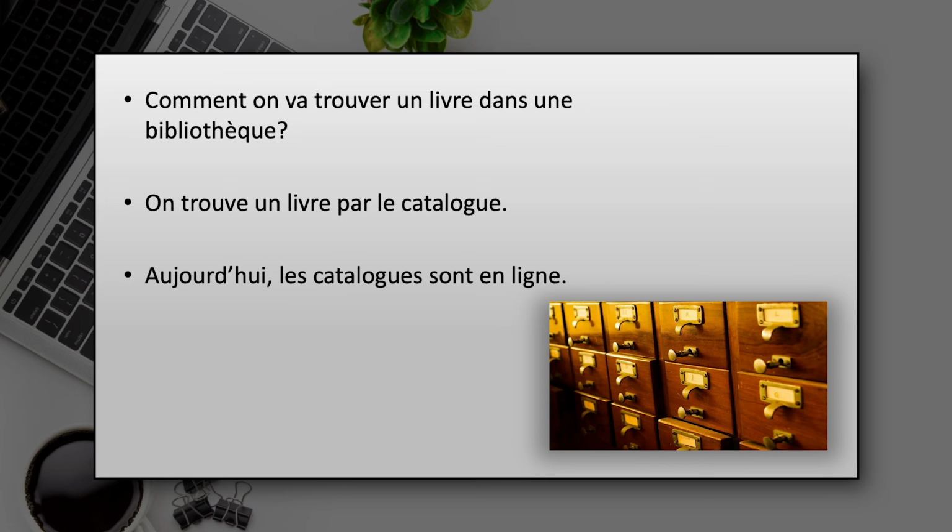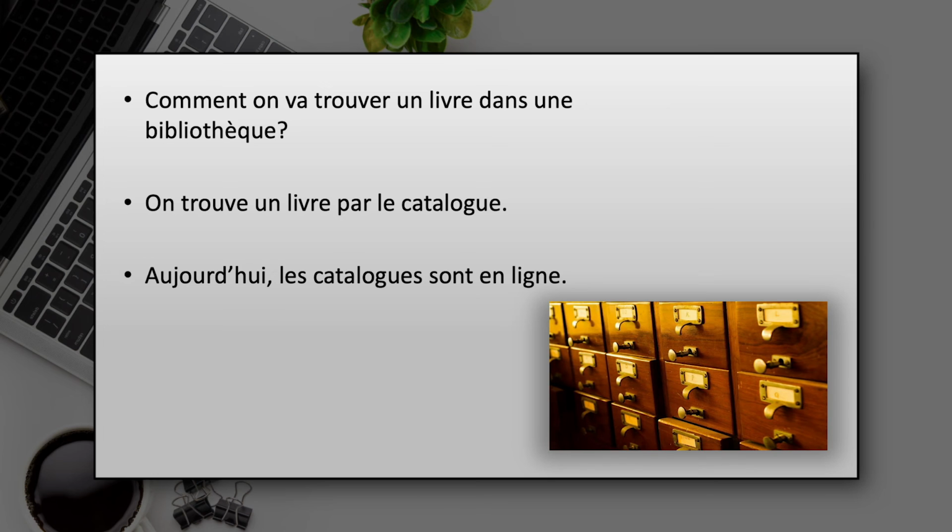On trouve un livre par le catalogue. We find out a book by the catalog.